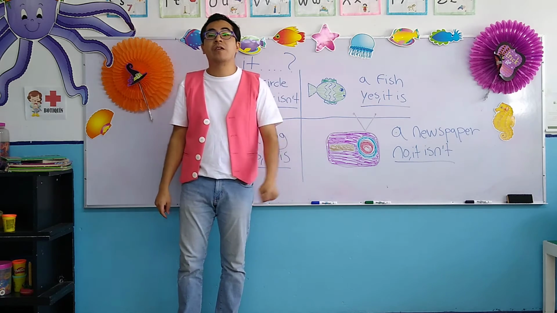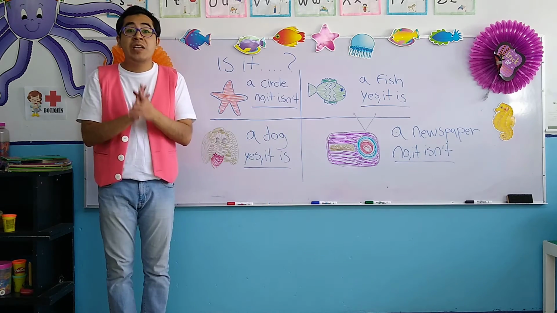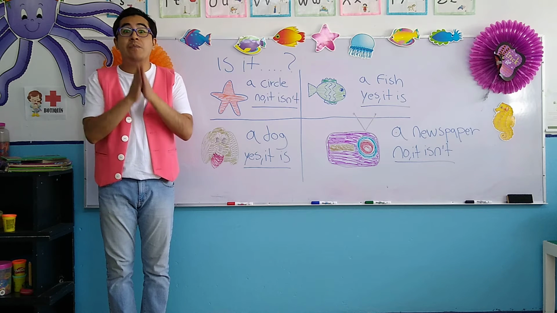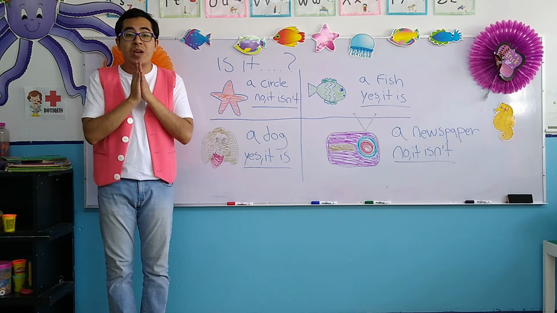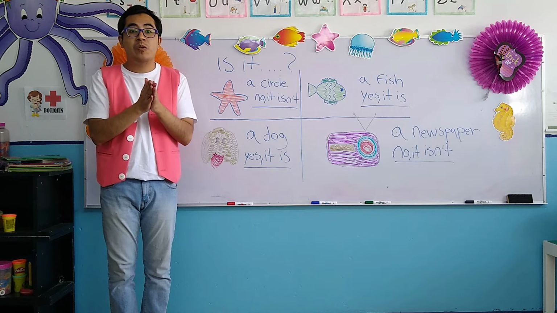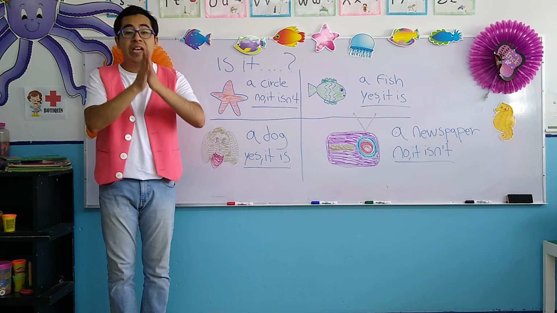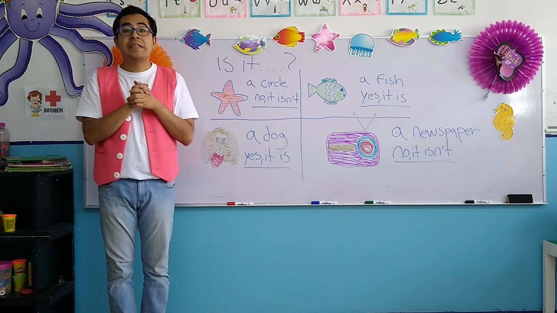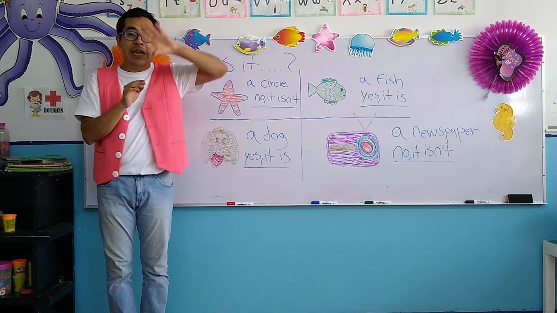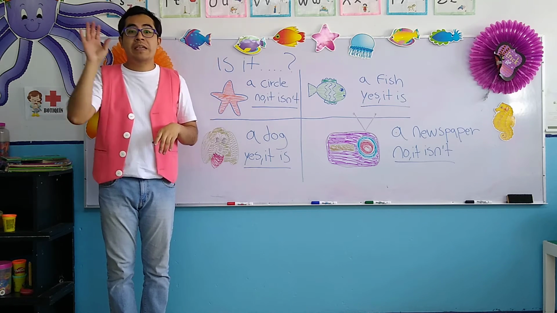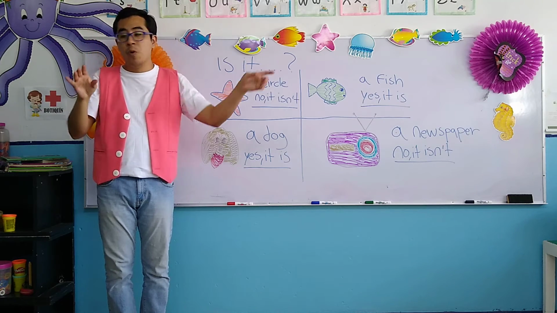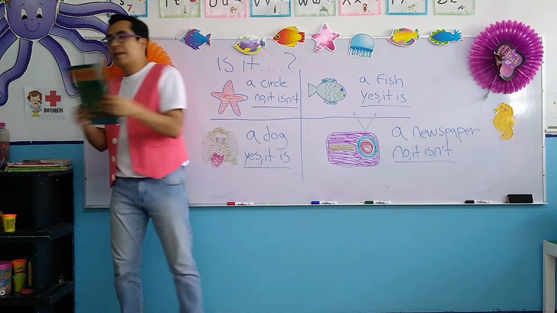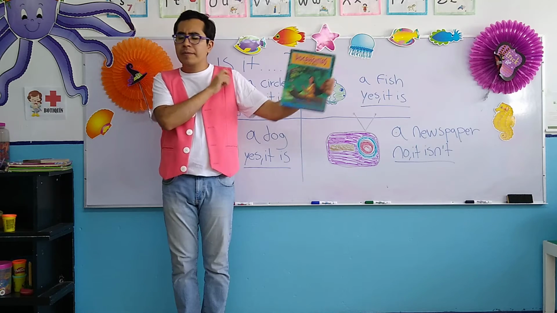We have the radio. Now, when we ask a question, cuando hagamos una pregunta acerca del objeto, si es o no es, we have to ask the following. Tenemos que decir lo siguiente. Is it a, y el nombre del objeto. Is it a book? In this case. Is it a book?